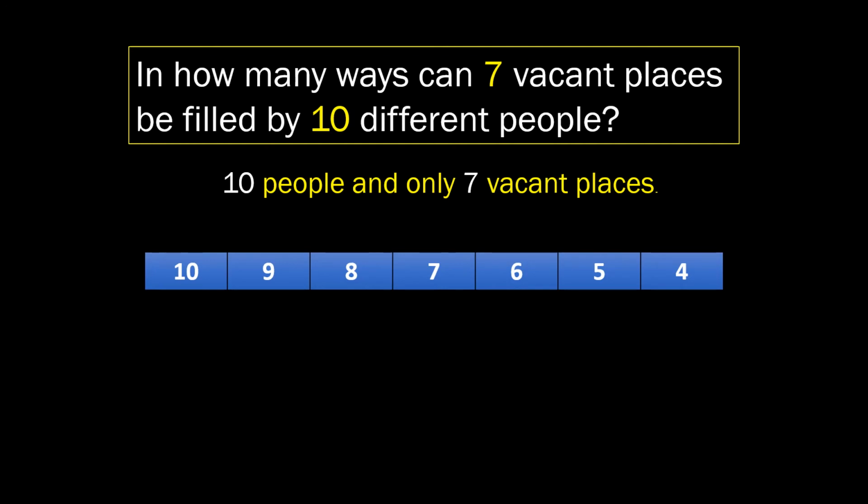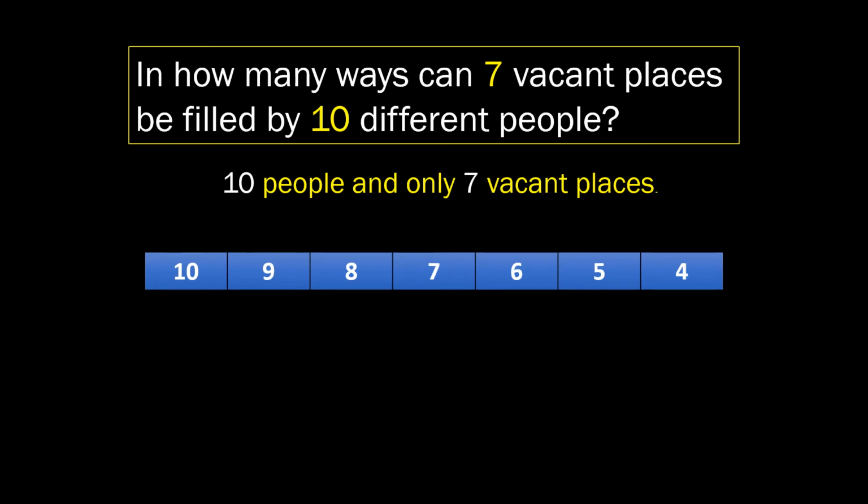Now, 7 places. In the first place we have 10 different people. Since in the second one we have only 9, and so 9, 8, 7, 6, 5. Stop there because we have only 7 places.